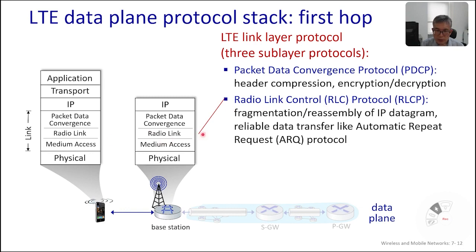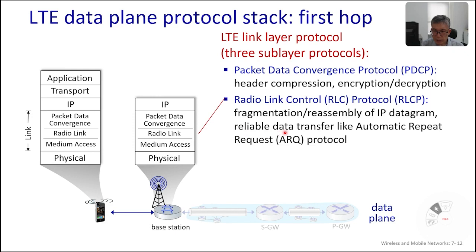The second sublayer is the Radio Link Control protocol, RLC. It performs fragmentation and reassembly of IP datagrams, so a big IP datagram is fragmented into multiple layer 2 frames. Those frames are transmitted, and the receiver reassembles them.